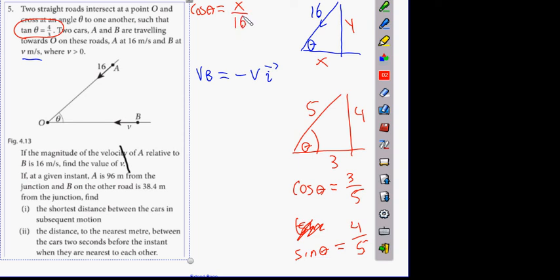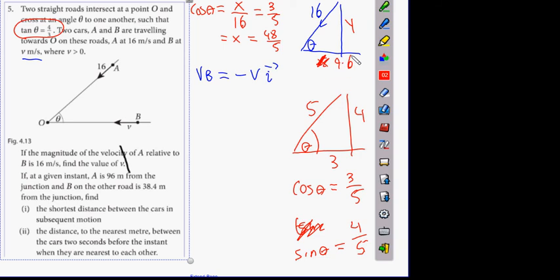We know cos theta is what? 3 over 5. Therefore, x is going to be 48 divided by 5. Anybody tell me what 48 divided by 5 is? 9.6, is it? Yeah. Okay, so that's 9.6.